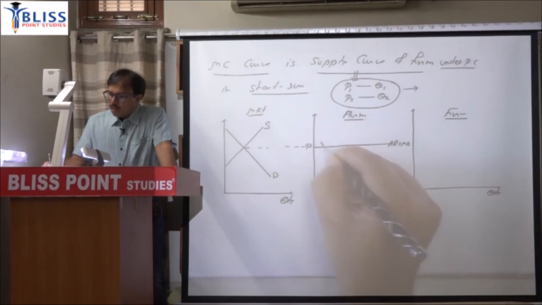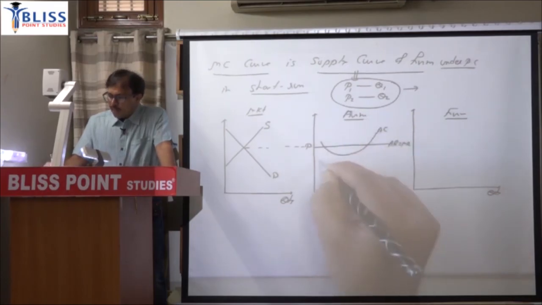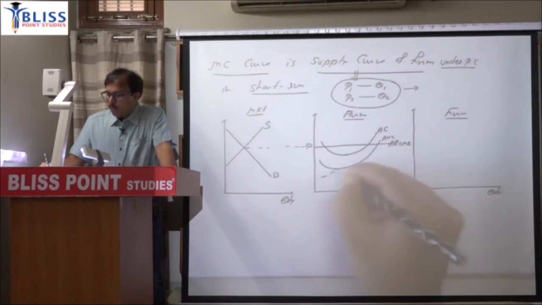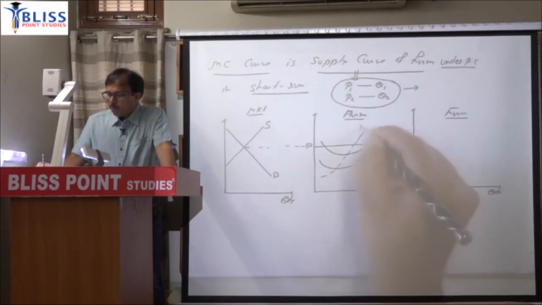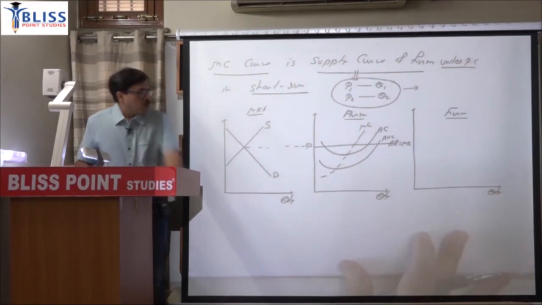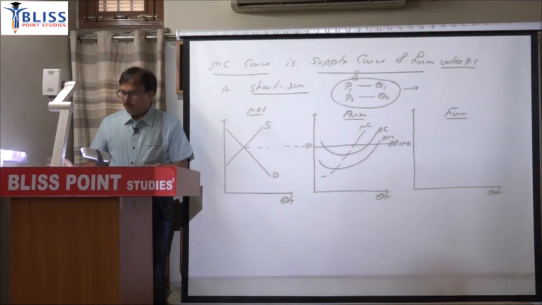If I draw this average cost line, you can draw average variable cost always below that. MC is passing through the minimum of both. Clear? जैसे अभी डायग्राम में ड्रॉ किया था वैसे ही कर दिया. Now question is that at this price how much quantity will be produced and supplied.